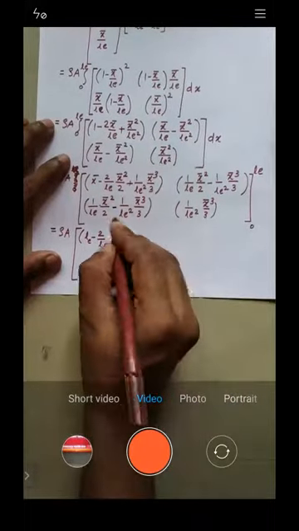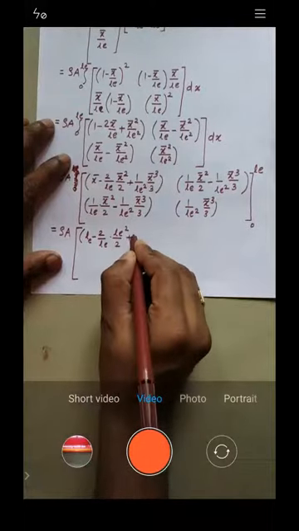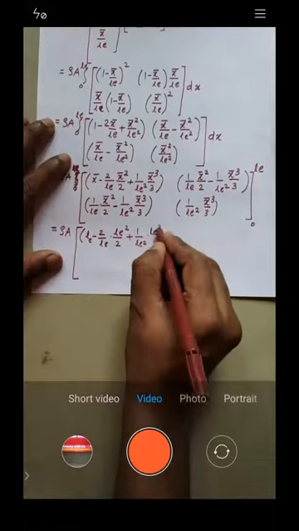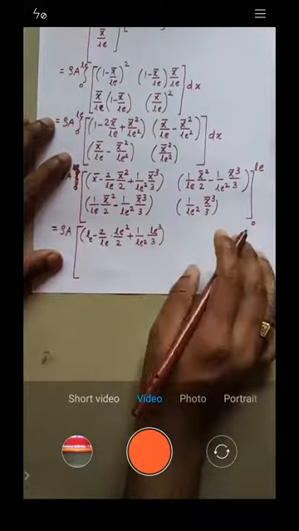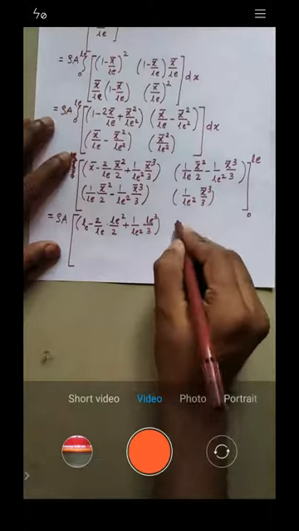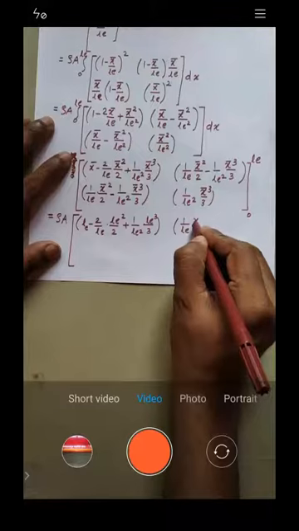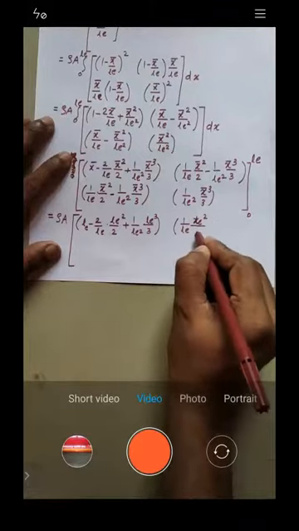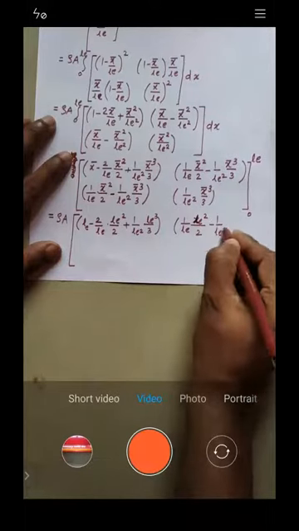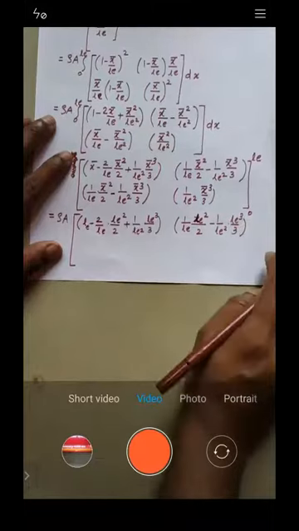Into x bar is LE square by 2 plus 1 by LE square, LE cube by 3. Instead of x bar, I will put it as LE. Here you will get 1 by LE, x bar is LE square by 2 minus 1 by LE square, LE cube by 3.